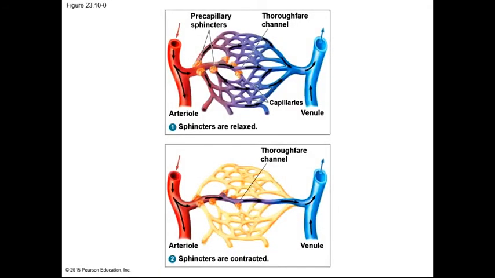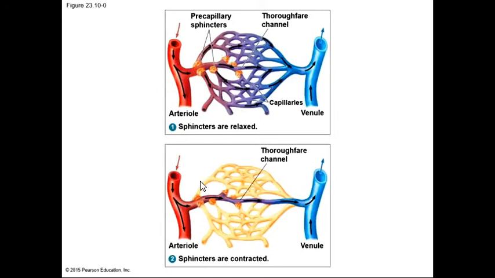This diagram illustrates how blood flow through capillary beds is controlled by precapillary sphincters, tiny little bands of smooth muscle. When the sphincters are relaxed, blood flows through the capillary bed.